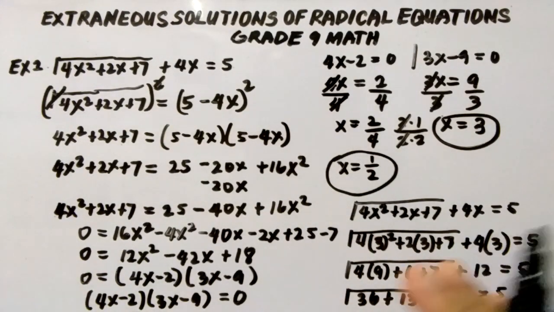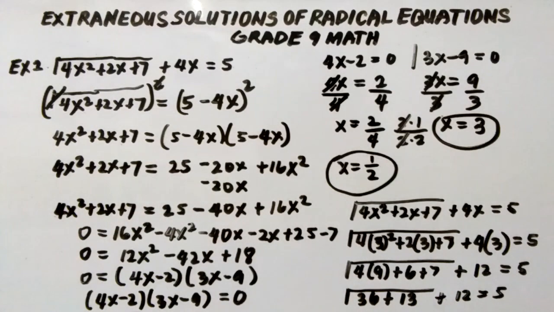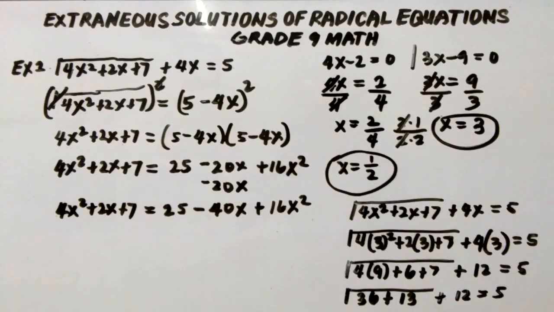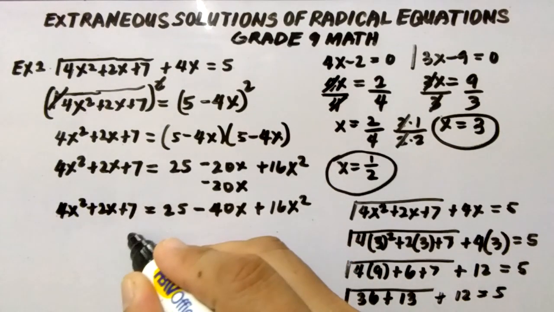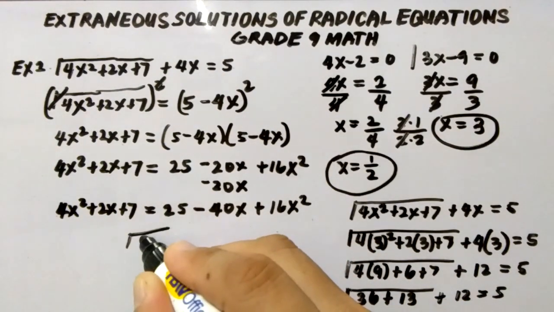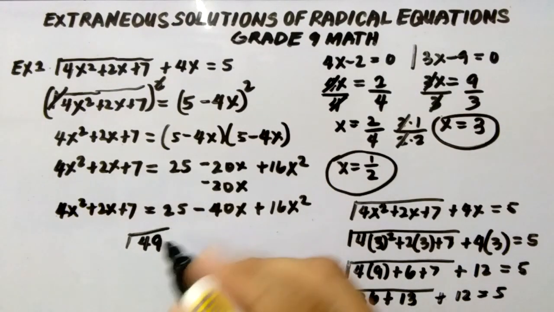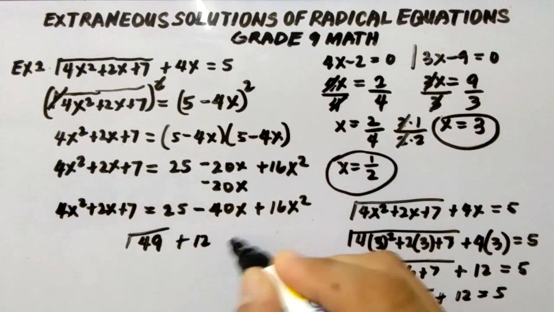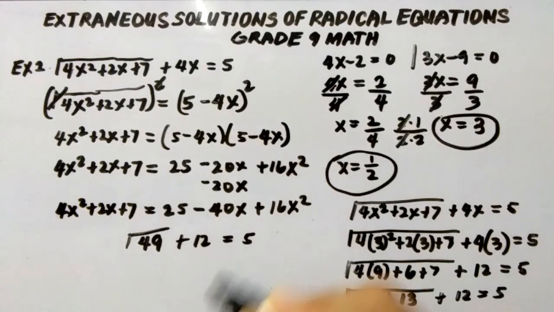So, hindi na po magkakasya. Magbubura lang tayo dito banda. So, i-continue po natin ito dito. So, we have 36 plus 13, that is 49. So we have square root of 49 plus 12 is equals to 5.